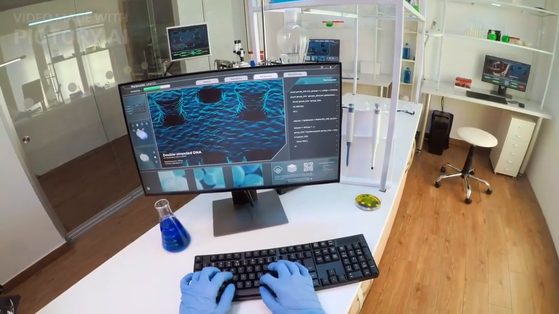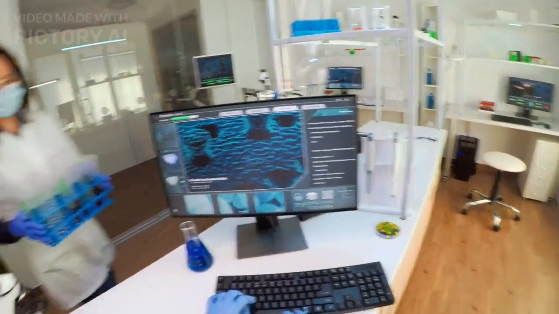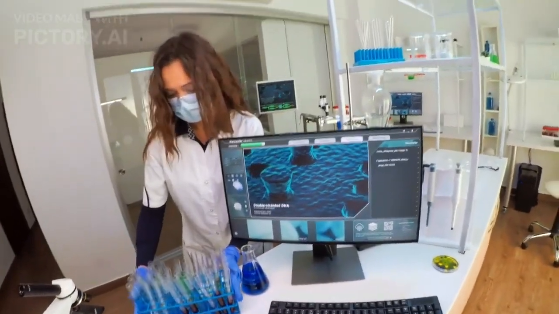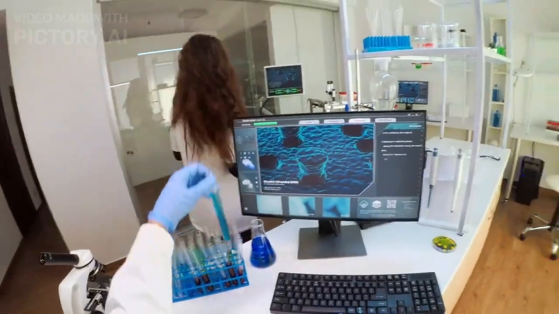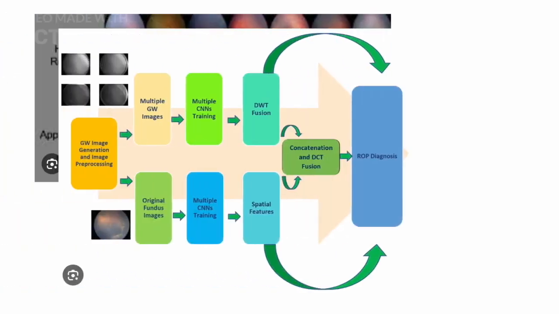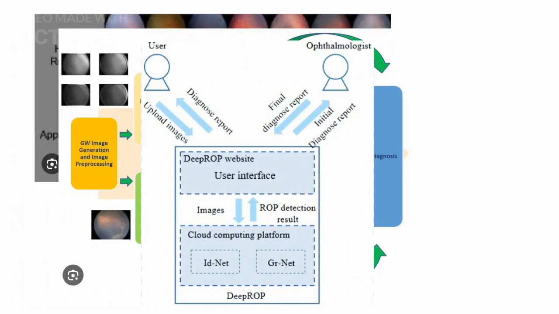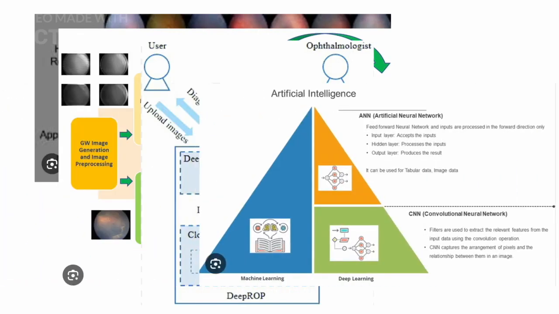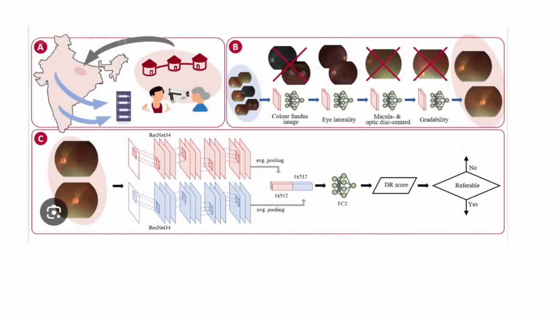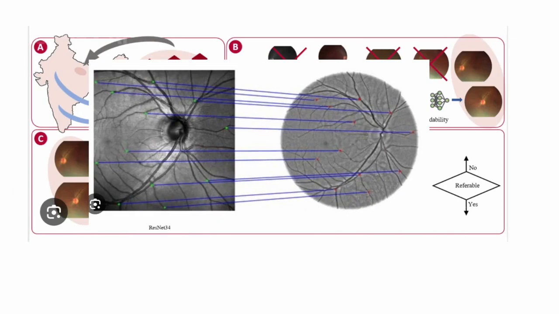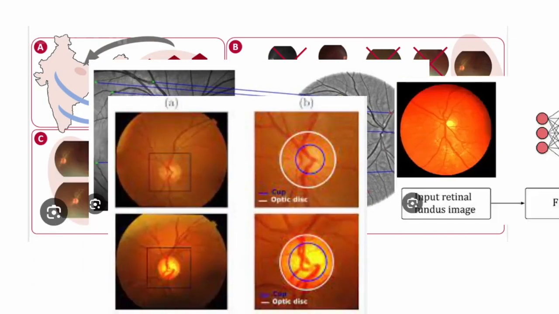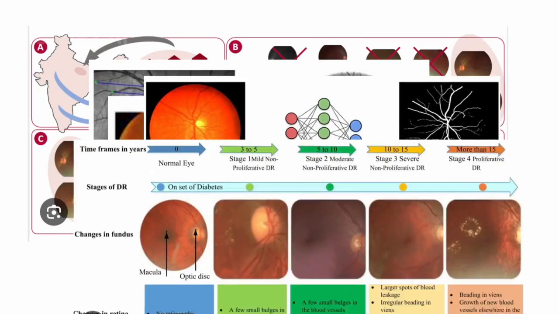However, newer techniques for identifying ROP and plus disease predominantly utilize convolutional neural networks, CNNs. Systems such as those by Wuerl et al., IROPDL, and DeepROP employ this approach. These CNN-based methods analyze fundus photos directly, eliminating the need for manual annotations.